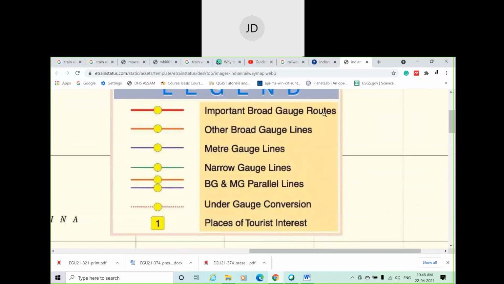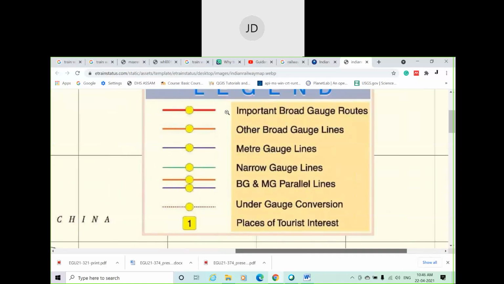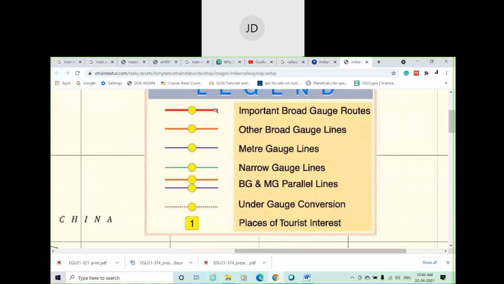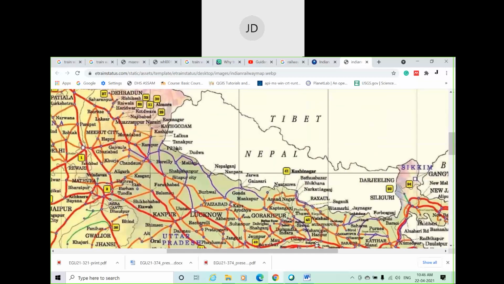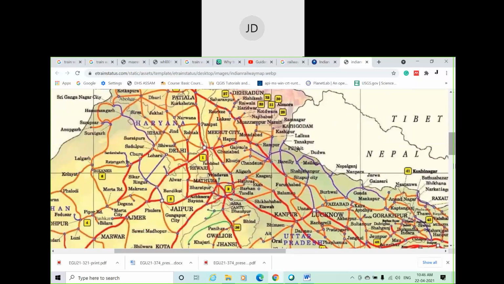But they are broad gauge only. So the standard gauge, that means the broad gauge, is shown by this red line, this dark red and this orange line; then the meter gauge, and the narrow gauge. And where some broad gauge and meter gauge are in parallel, it's shown like this. So different track lines are shown here over our Indian map.